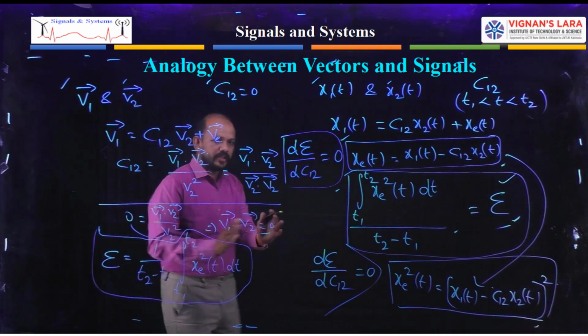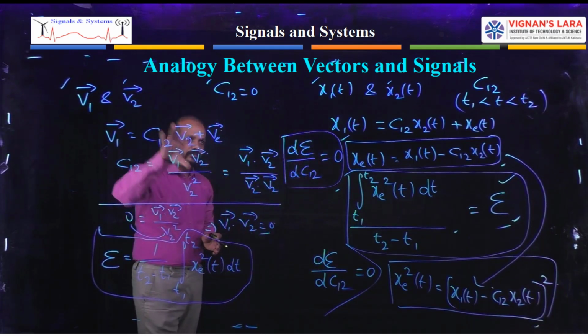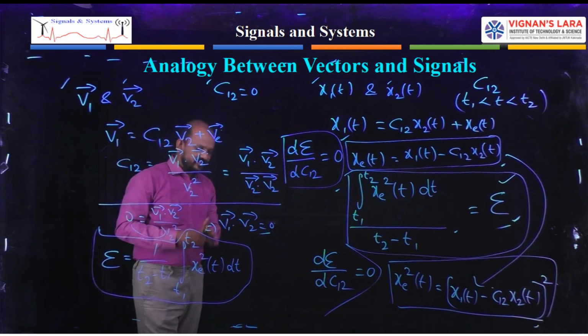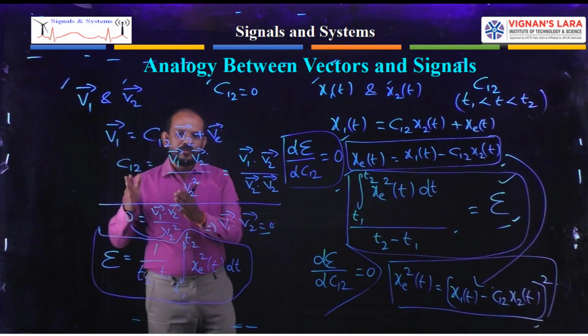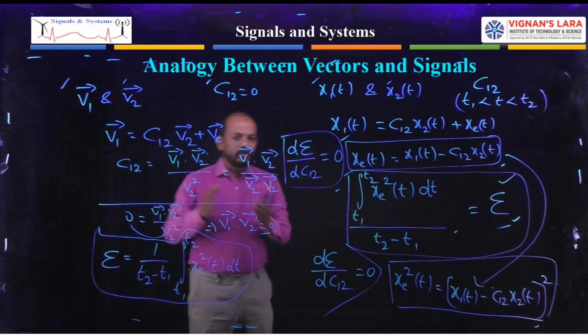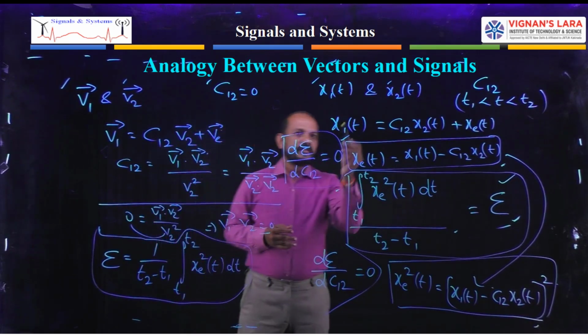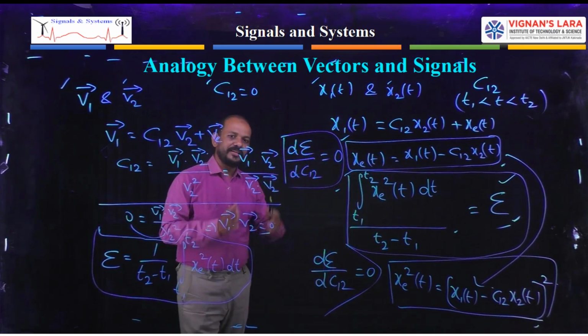Before going to the derivation, I am explaining the topics once again simply. Here, first I explained the topics with respect to vectors: how one vector can be represented in the form of another vector. Using that, I went for the representation of one signal in terms of another signal.